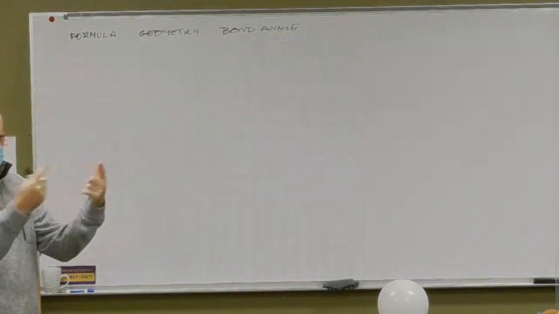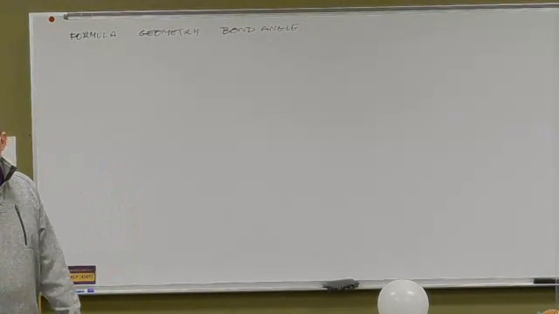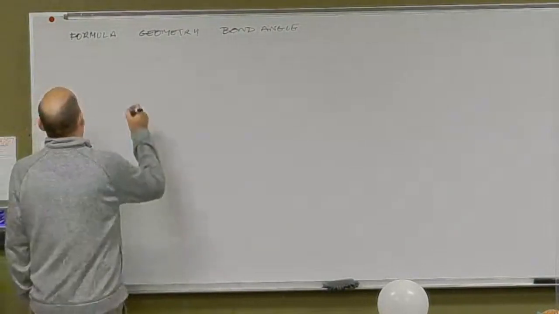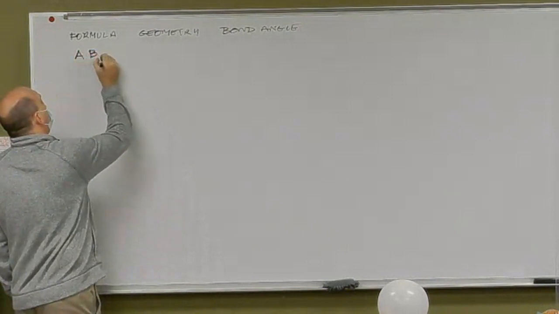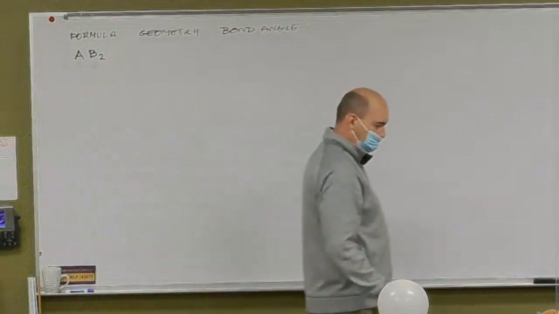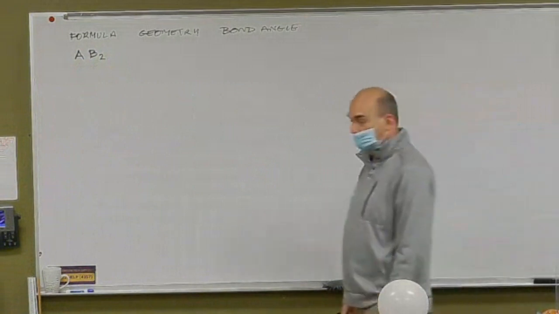And then the bond is 2 electrons shared between those 2 atoms. So I'm not going to put diatomics on this list. That's just too easy. So I'm going to start at AB2. Like a carbon dioxide.